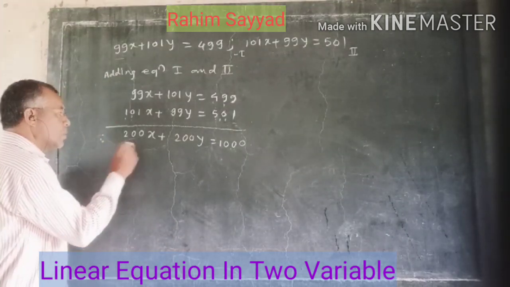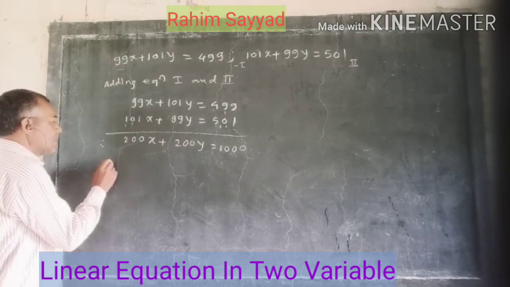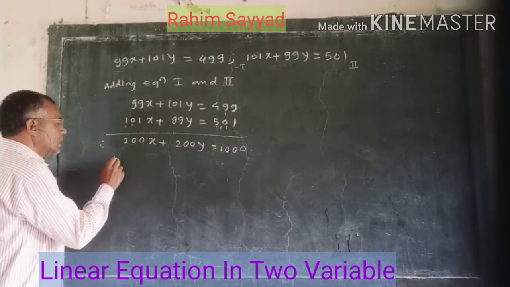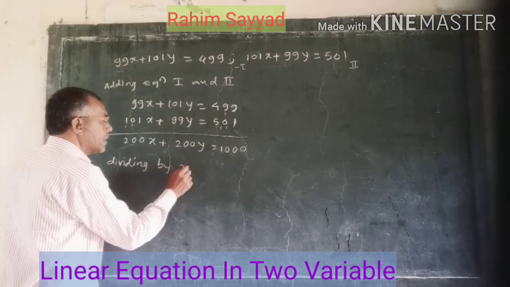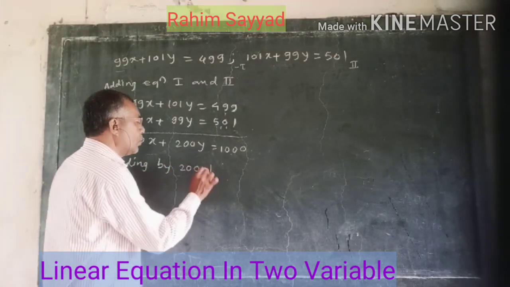Here you have to write dividing by 200 to both sides.